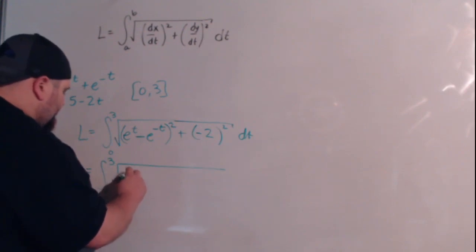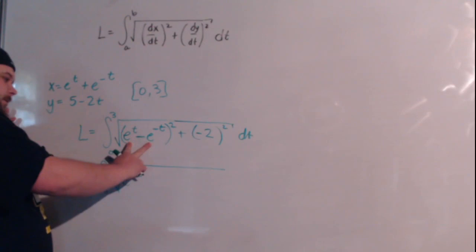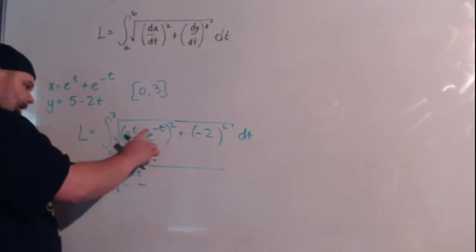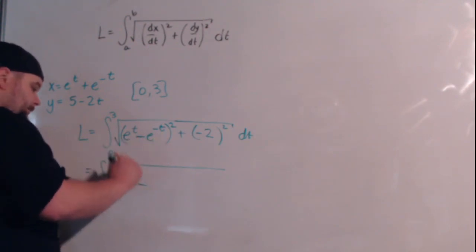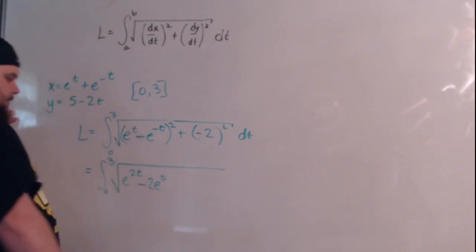So this is going to be e to the 2t. I'd multiply these two together, which would be minus. You would add the exponents. So t plus a negative t is going to be 0. And you always do times 2.